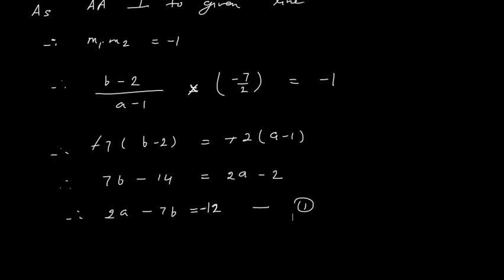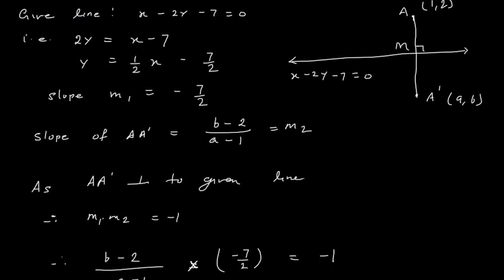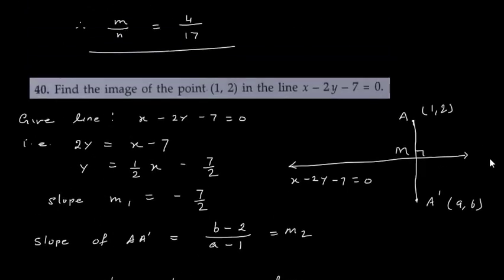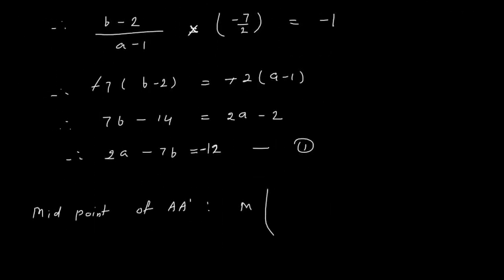Now second, the midpoint of AA dash. So the midpoint of AA dash, that is M, is (a plus 1) divided by 2 comma (b plus 2) divided by 2.